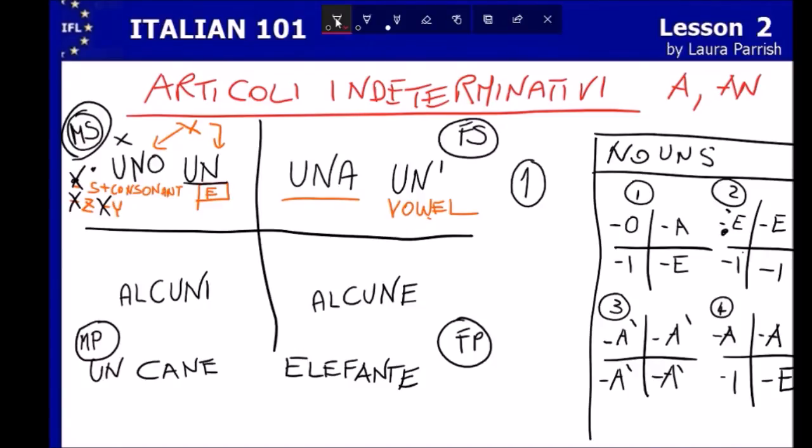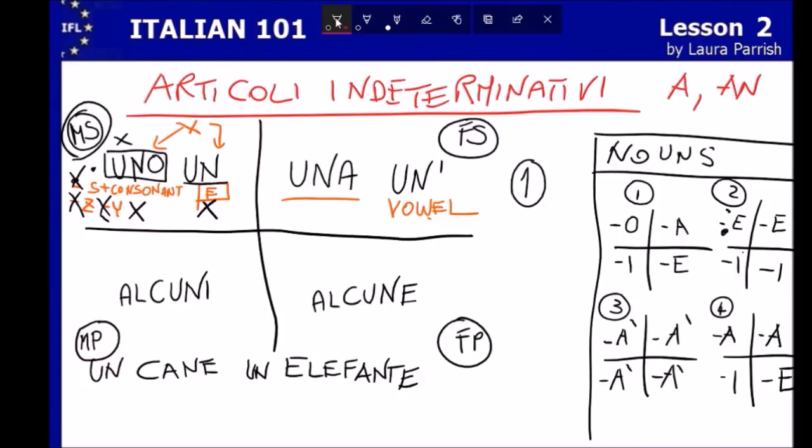No. Start with Z? No. Start with Y? No. So by exclusion, because it doesn't start with anything that is here where there is uno, it doesn't start with S plus consonant, Z, or Y, so we eliminate all of that. We know that this is the right one, and it is un elefante. Is the right article.